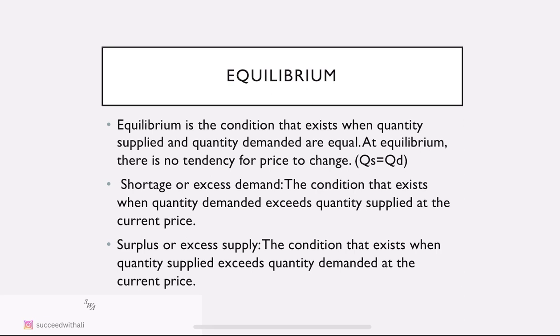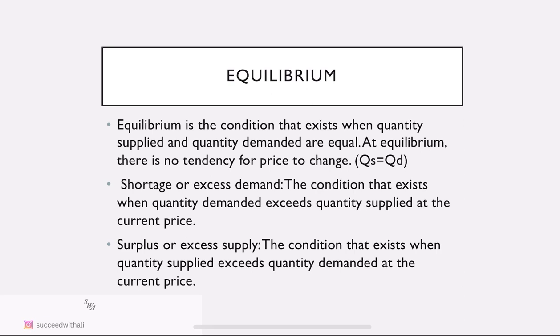What's a shortage? What's a surplus? Shortage or excess demand is the condition that exists when quantity demanded exceeds quantity supplied at the current price. Thus, if many people are demanding something, the quantity demanded will exceed the quantity supplied.